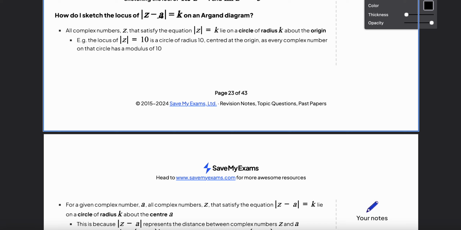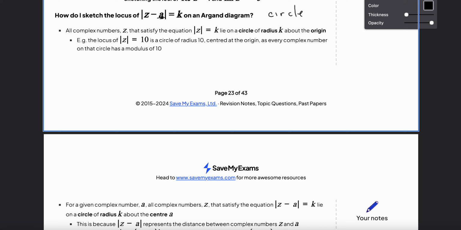It can be a complex number, and then k is a real number. So when we see the modulus of z minus a equal to k, this is a circle with center a. A is representing the center and k is representing the radius.